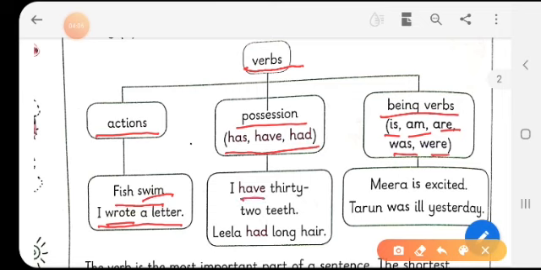Have is showing the possession, and had is also depicting the possession of the noun or the pronoun. Then being verbs. Meera is excited. So here is shows the state of being Meera is in. Then Tarun was ill yesterday. So these are all the verbs that you need to know.